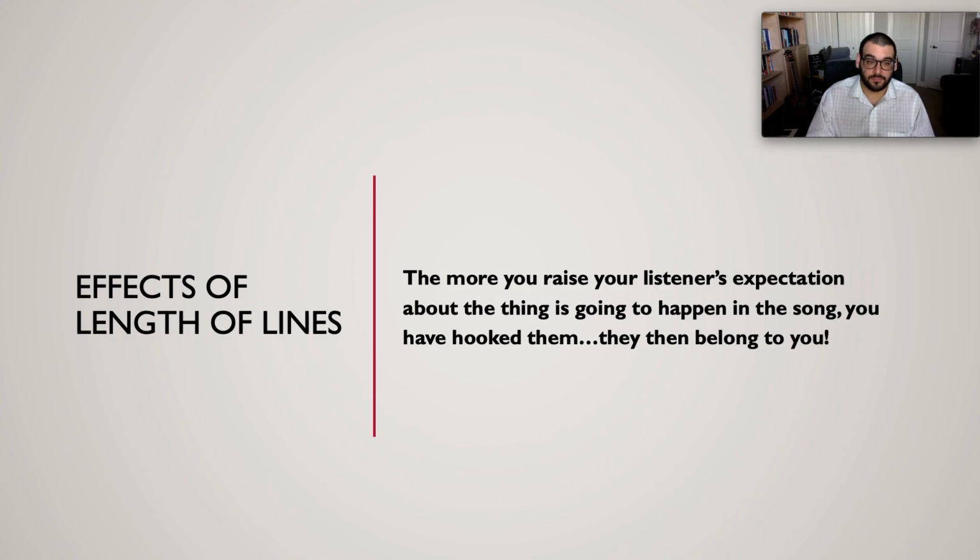So remember, the more you raise your listener's expectation about the thing that is going to happen in your song, you've hooked them. So the more instability, the more expectation of wanting more that you create throughout the song, the more it hooks your listener into listening to the entire song and waiting for it to resolve, waiting for you to spotlight something at the end. Because essentially, once you've hooked them, they then belong to you.